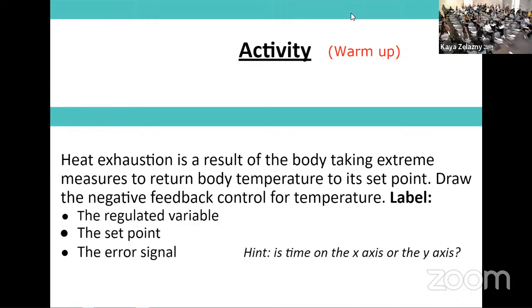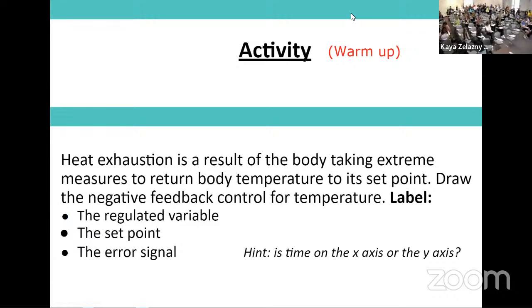Okay, so of course you see a brief reminder of where we left off last time. I'm going to give you a couple minutes to check through your notes, check your understanding, and go ahead and draw me a little graph of what would happen during heat exhaustion.